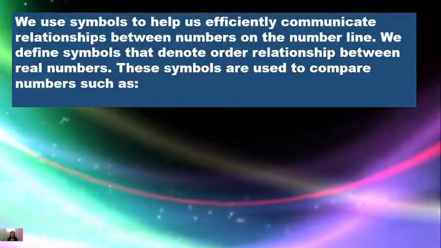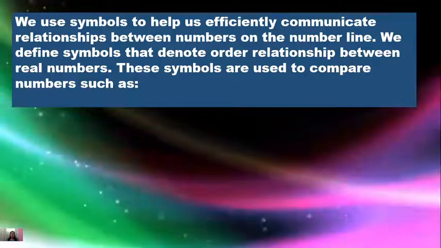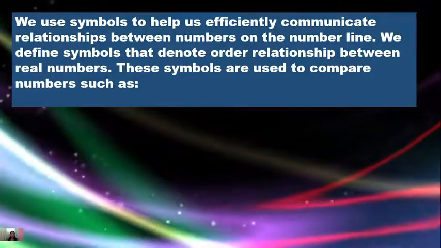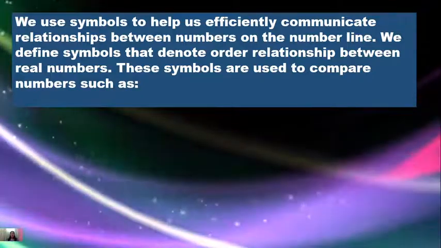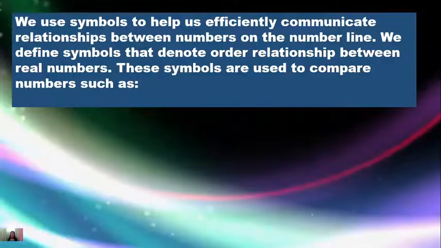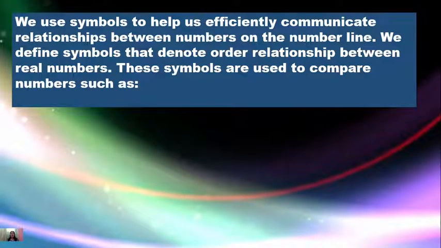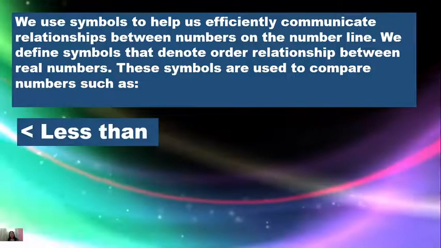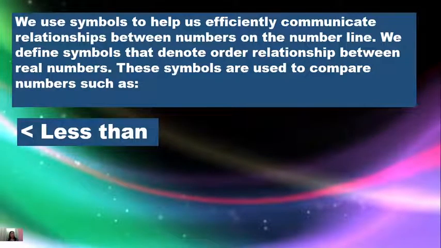Sometimes, we make use of symbols to help us efficiently communicate relationships between numbers on the number line. So these symbols are used to compare numbers such as less than. Alam natin kung kailan ginagamit ang less than.